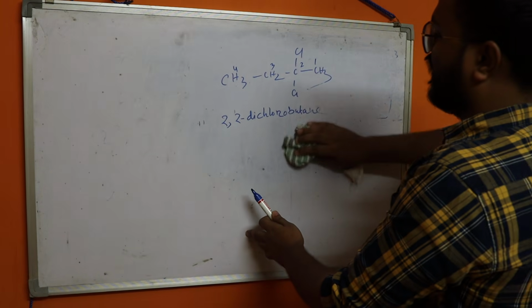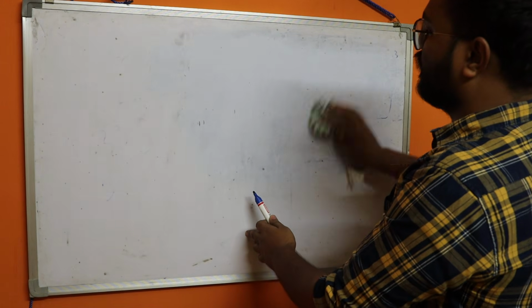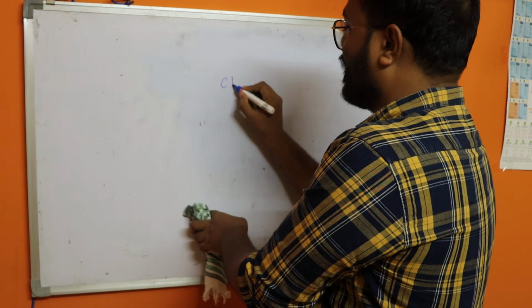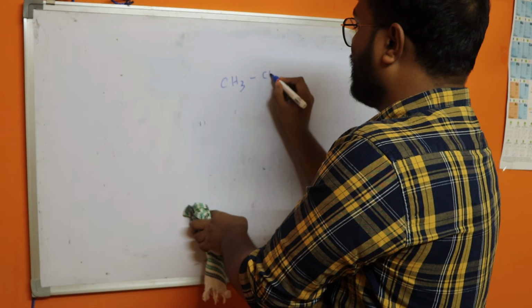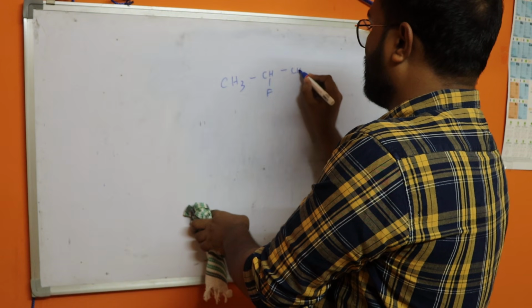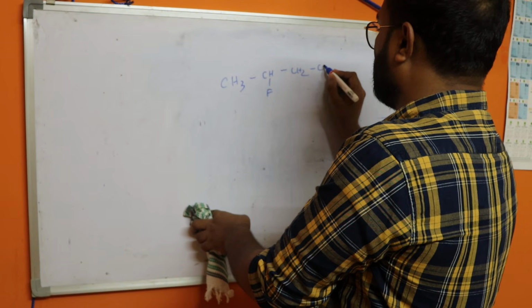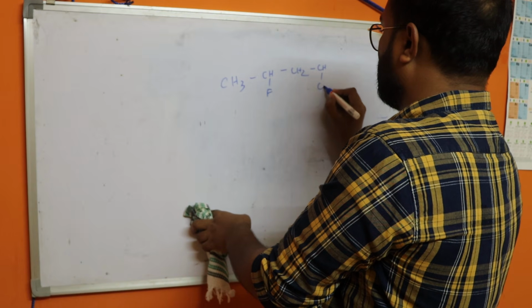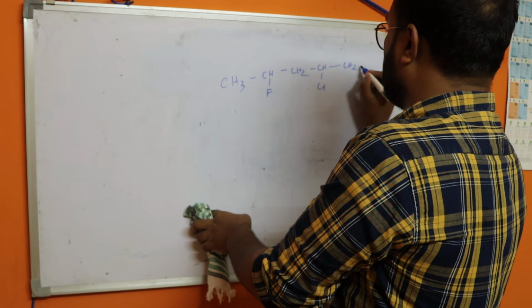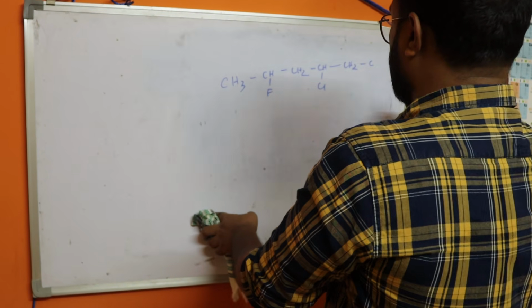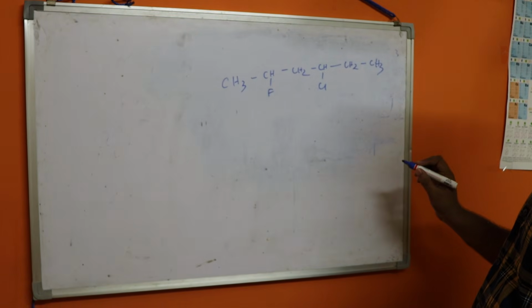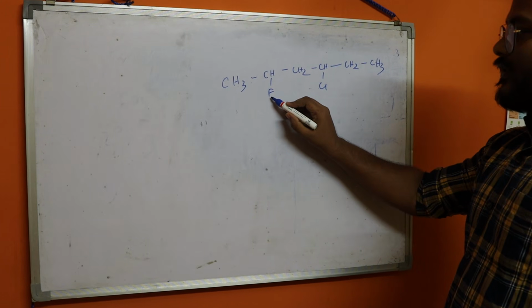Now we'll see other cases. If you have different kinds of halo substitution, such as CH3CH, here you see there are 2 different halogen atoms.